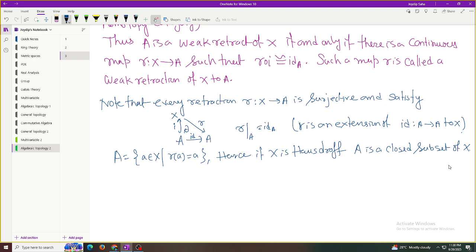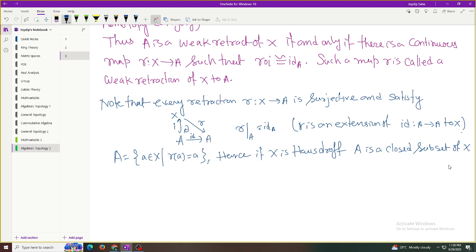Excuse me, I was just saying that it may happen that the inverse image of, I mean, the set should contain A, but is it exactly A? R(a) equals a for all a belongs to A, that's fine.